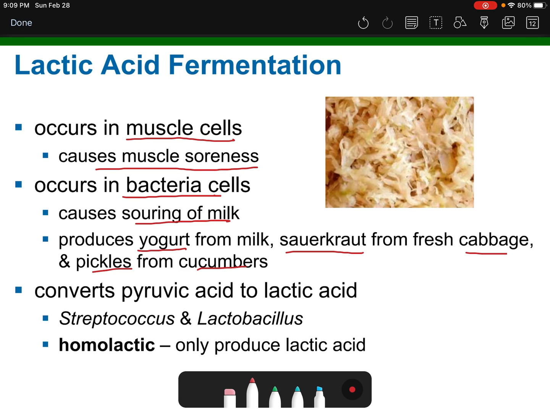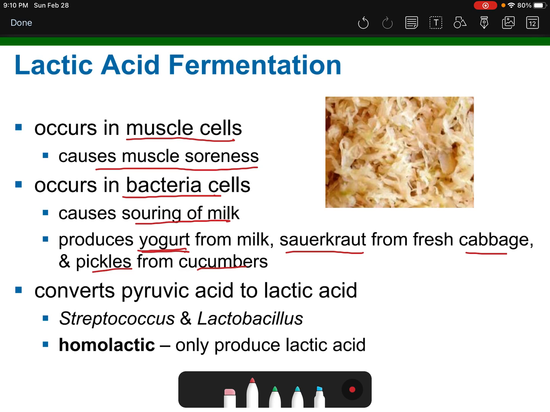I don't know if that's cabbage with something else. I'm trying to remember what kimchi is, but there are a lot of different things that we can use lactic acid fermentation to help produce. Think of the tartness of sour cream and the tartness of yogurts, all with that lactic acid fermentation.